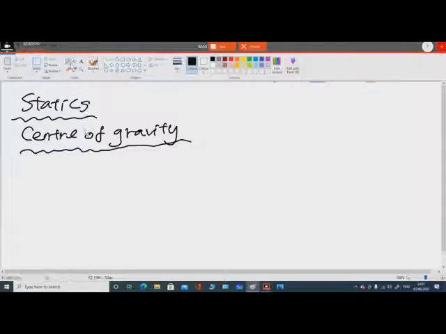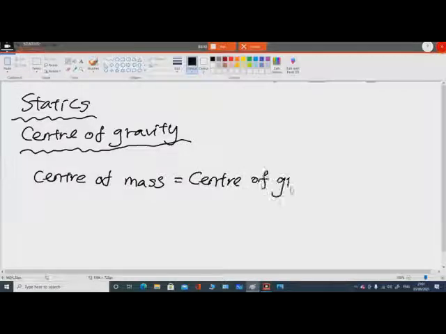Based on this concept, we know that center of mass is equal to center of gravity. This concept is only applicable for the situation where we are in a uniform gravitational field.